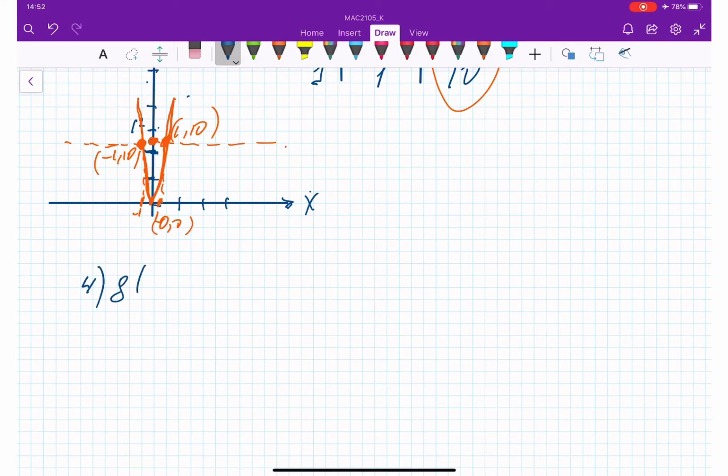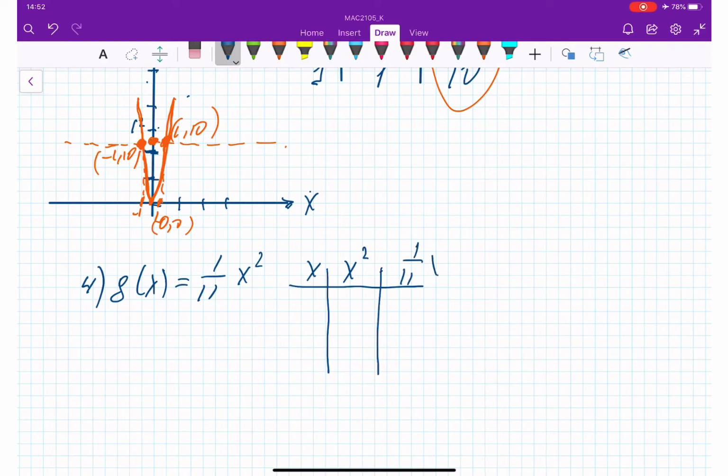g of x is equal to 1 over 11 x squared. Okay. So let's see. 1 over 11 x squared.